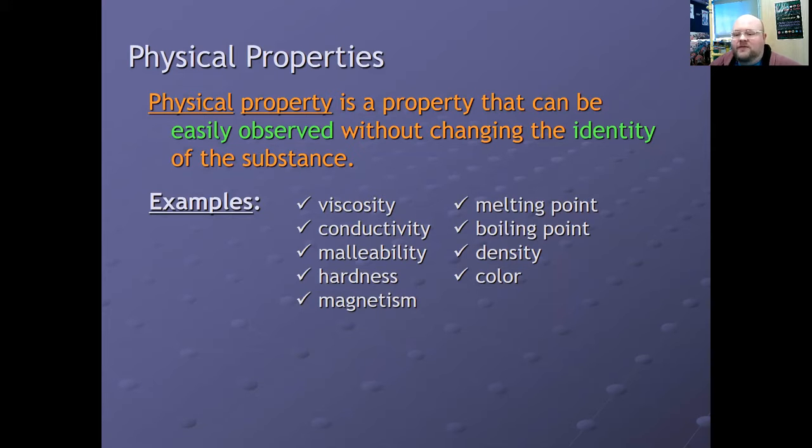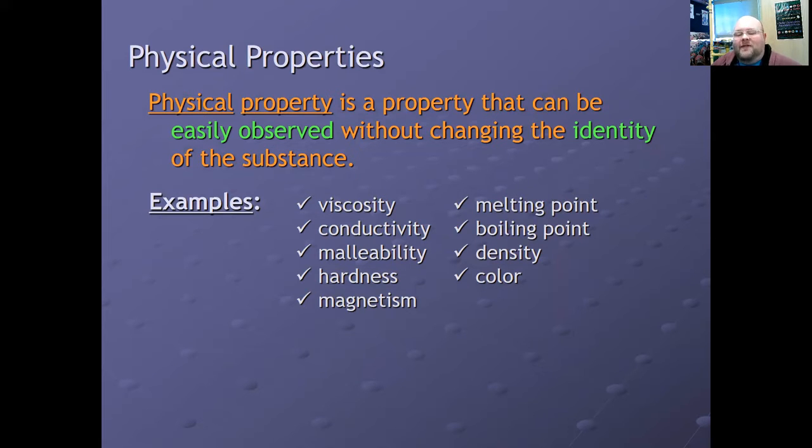Some examples would be viscosity, conductivity, malleability, hardness, magnetism, melting point, boiling point, density, color. All of these things you can observe, and if you were to change them, it would not change the identity of the substance.